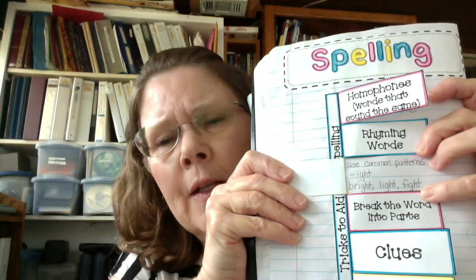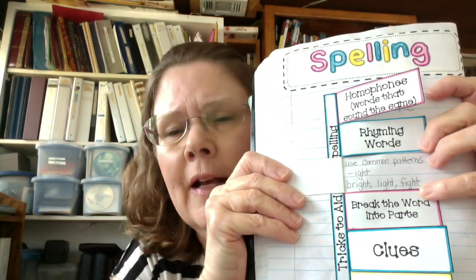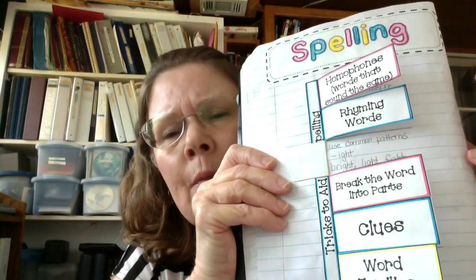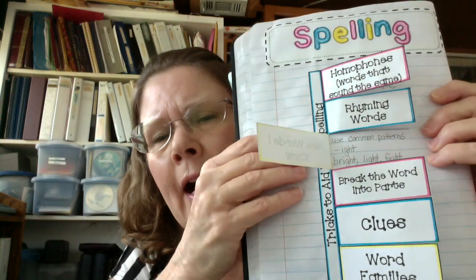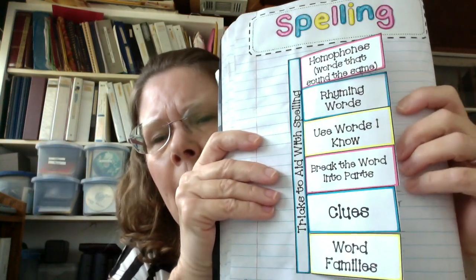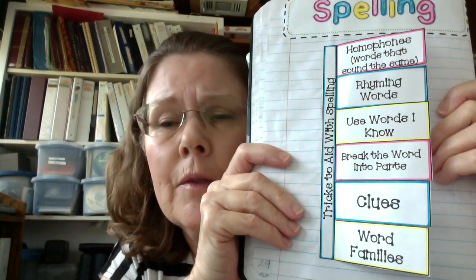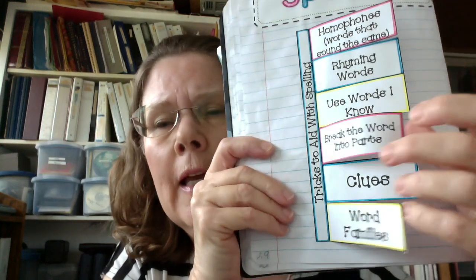All right, so some words have special endings, and all you have to do is change the beginning letter, and it has the same special ending. Sometimes you have a very long word, and there's nothing to do but break it up. Sometimes it's called chunking it, and we break it up into syllables.